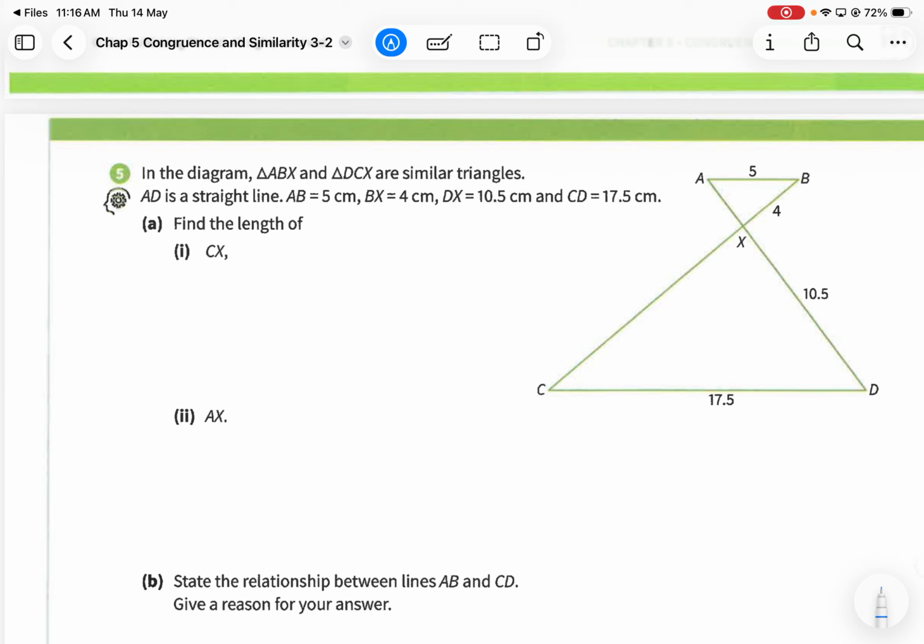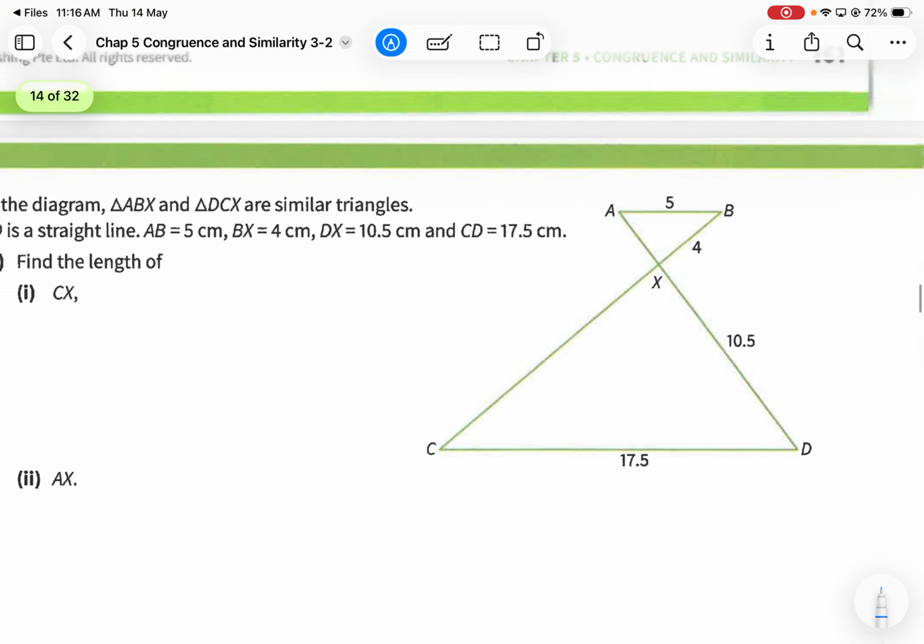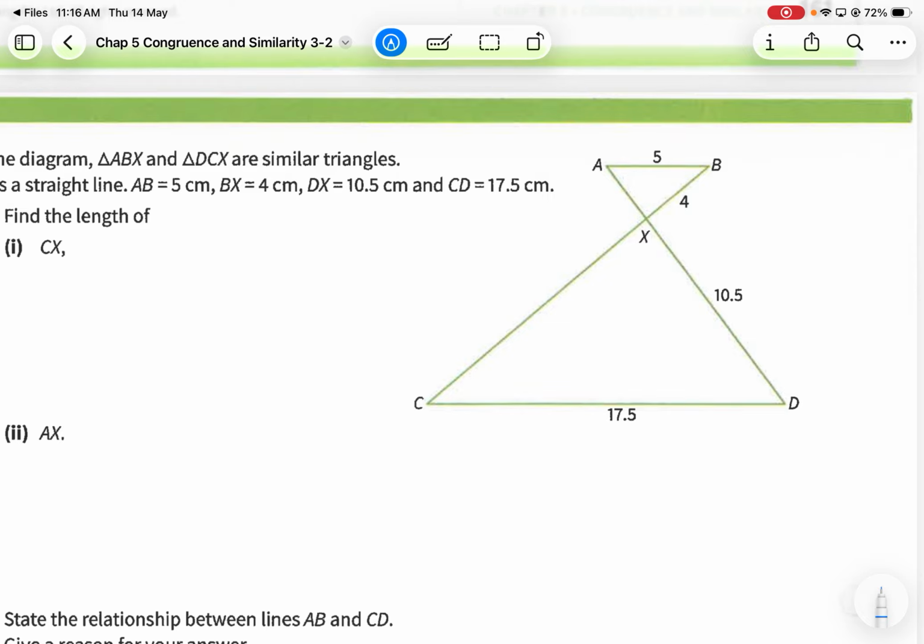Okay, in the diagram, ABX similar to DCX. Again, the naming is important. From the naming, you must know ABX, then DCX.